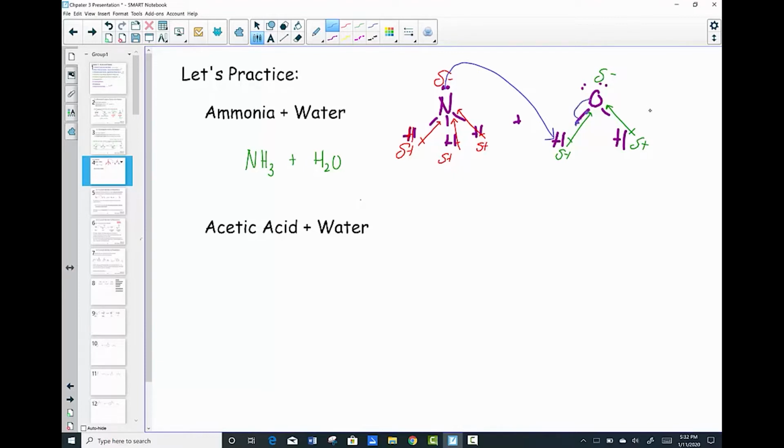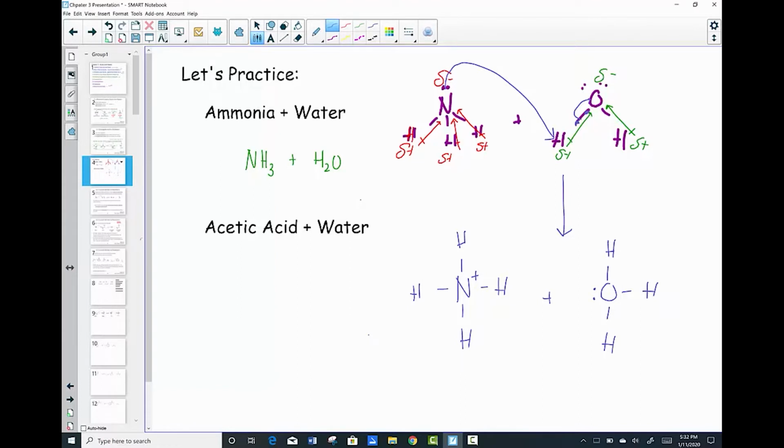And what have we formed? Well, the conjugate acid of ammonia is the polyatomic ion ammonium, NH4, and notice that the positive formal charge on nitrogen needs to be shown there, NH4 plus. And the conjugate acid that forms from water when it gains its proton would be the hydronium ion.